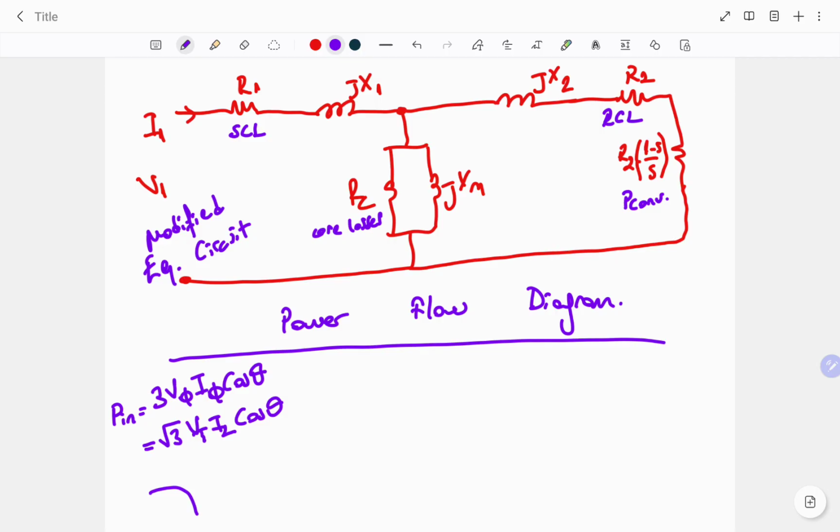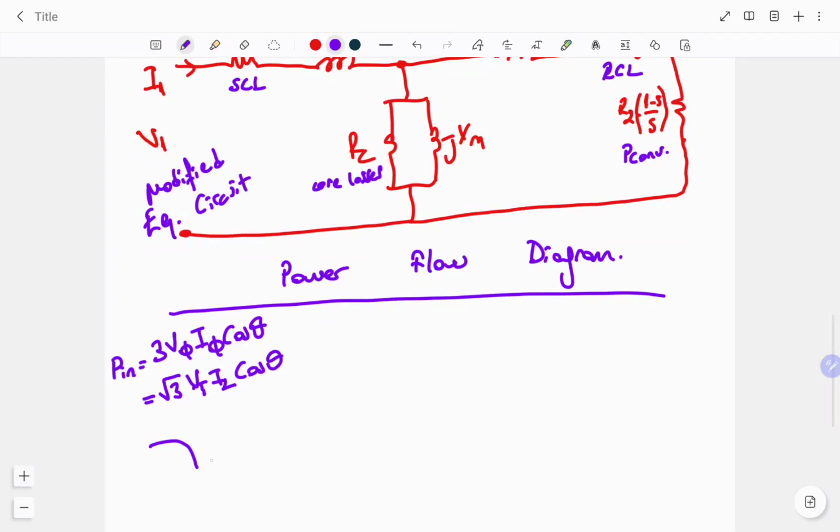Then we should continue with the losses. According to our modified equivalent circuit, the first loss in the system will be the stator copper losses. So from here, we will take the stator copper losses out.